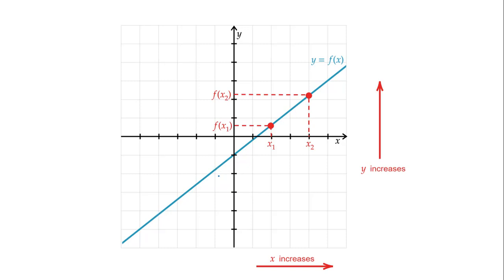So we say that as x is increasing, that is, as we move to the right end of the graph, the y values are increasing because the graph is going in an upward direction. So as x gets larger, the y values are getting larger, which is graphically represented by a function that is going up from the left to the right.